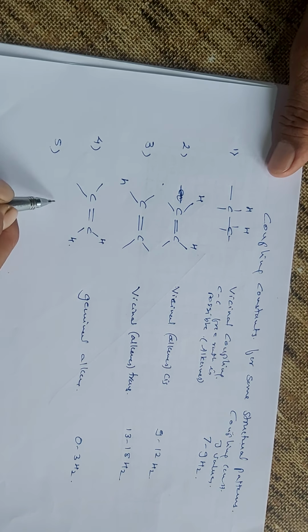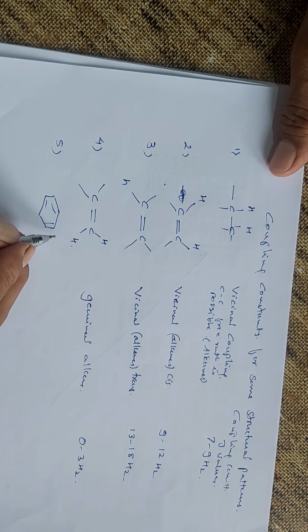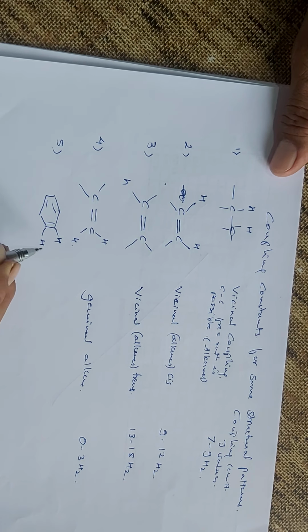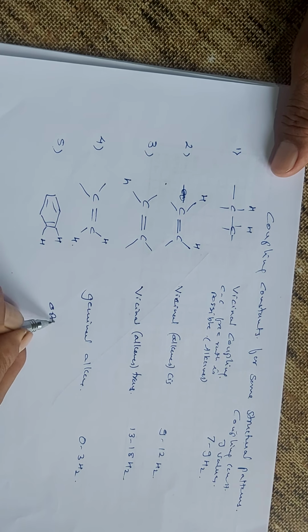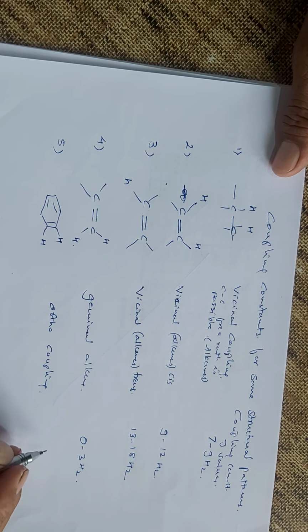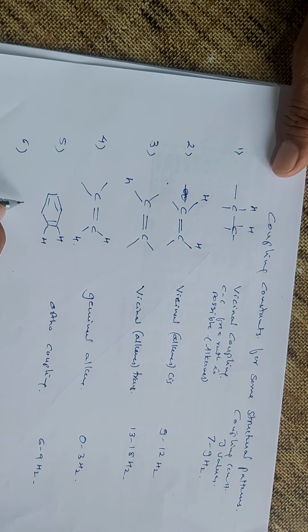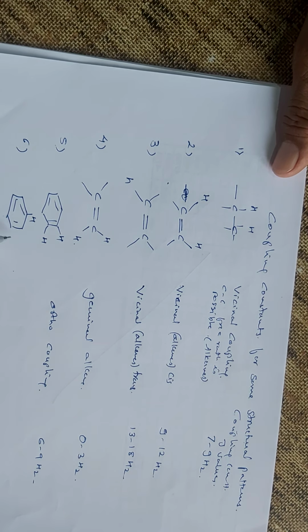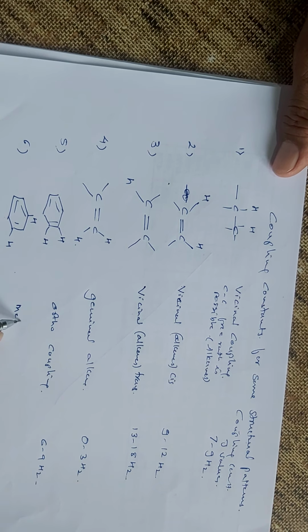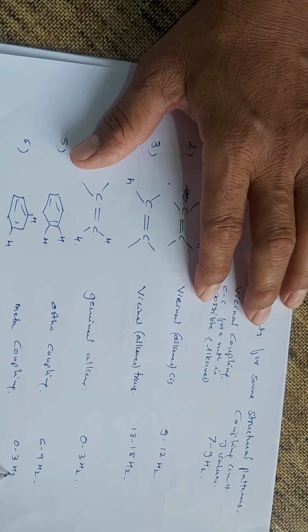Then in aromatic compounds, if there are different substituents placed at the ortho positions, it is ortho coupling, and this is from 6 to 9 hertz. Meta coupling is 0 to 3 hertz.